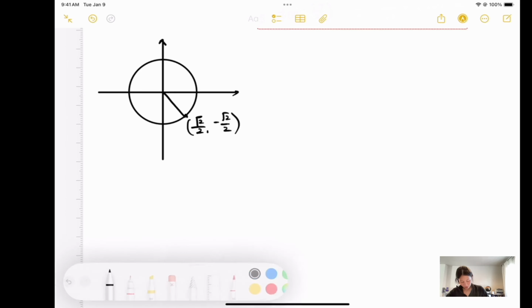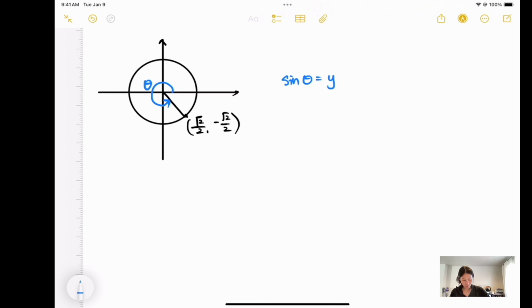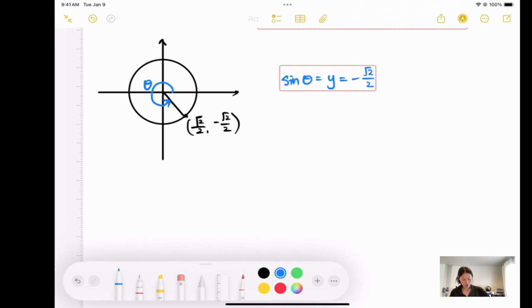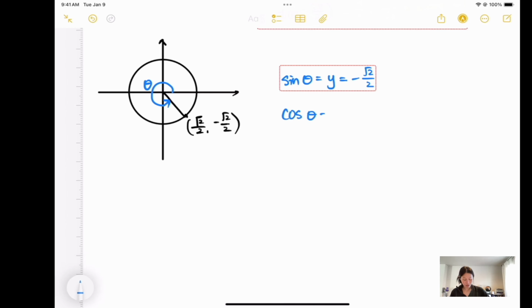So this angle goes from the initial side to the terminal side, which is theta. Let's use theta. So sine theta is equal to the y coordinate, which is negative square root of 2 over 2. And cosine theta is equal to x, which is square root of 2 over 2. That's it. Very easy, right?